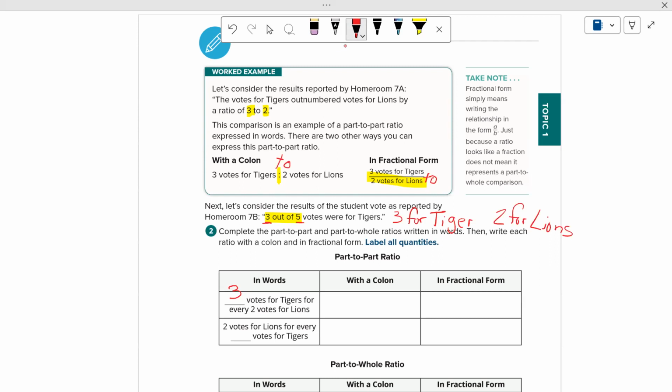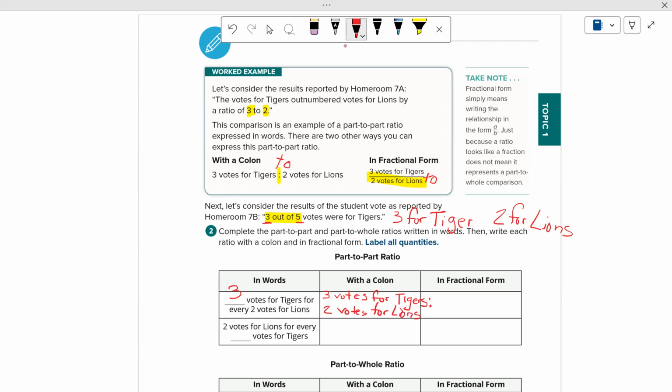And it's going to be really hard for me to write this in this tiny little box, but we're going to do our best, okay? So 3 votes for tigers, okay? And then we're going to put a colon, and then we're going to write 2 votes for lions.